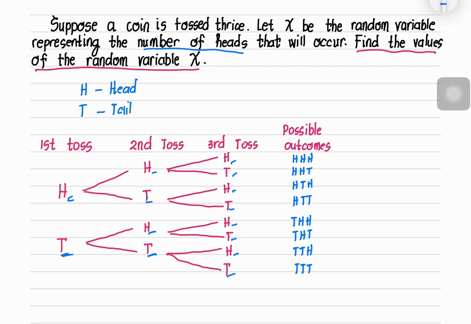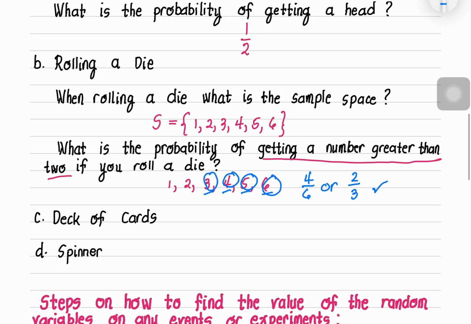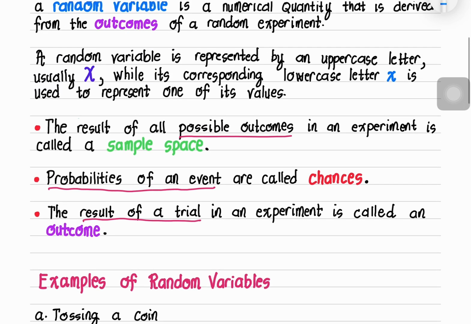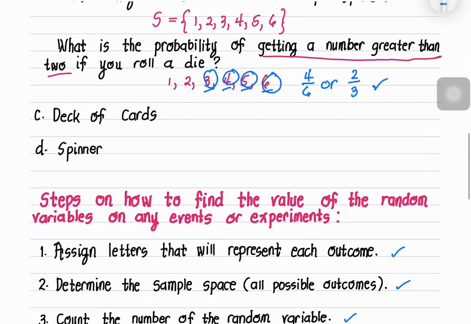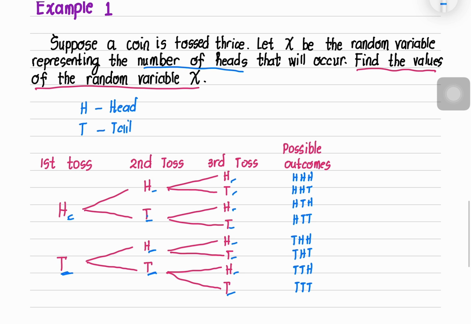So, now, ni-represent natin yung random variable natin o yung heads as the variable x. Sabi natin dito kanina, okay, sa definition natin, a random variable is represented by an uppercase letter. Take note of that. Uppercase letter, usually X. Okay? So, ito yun, class. Ayan.